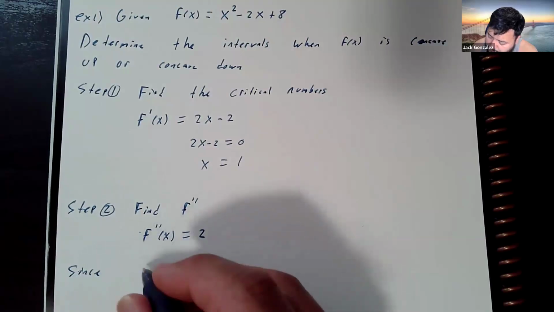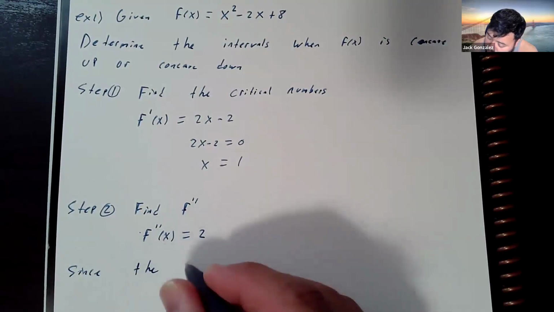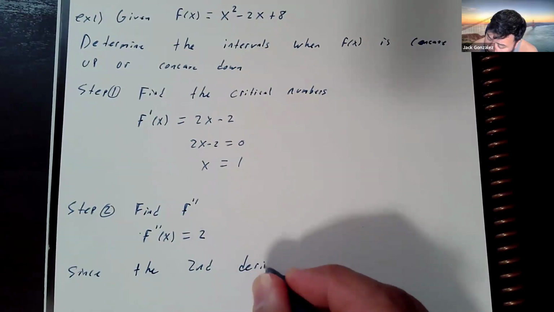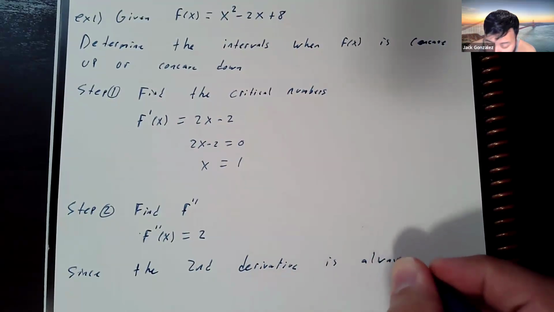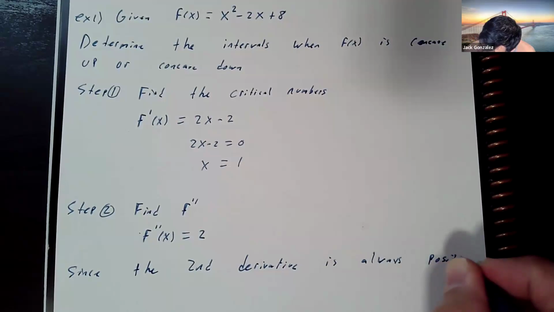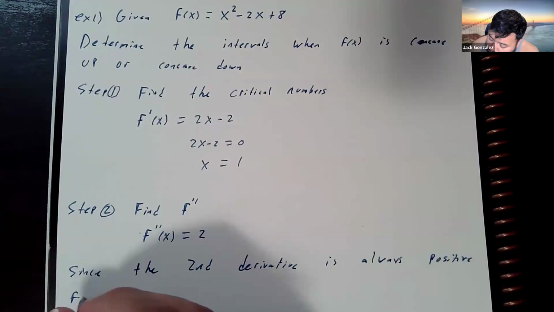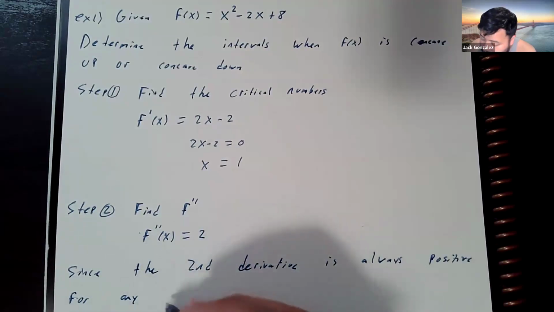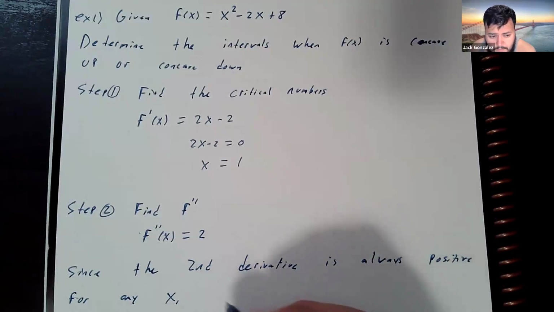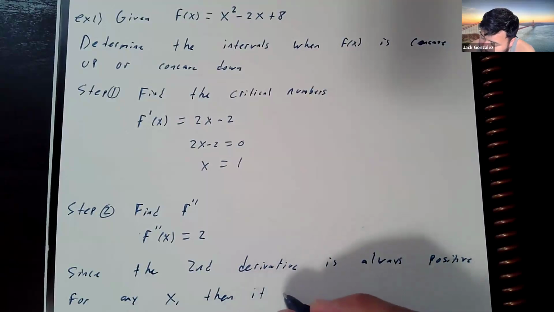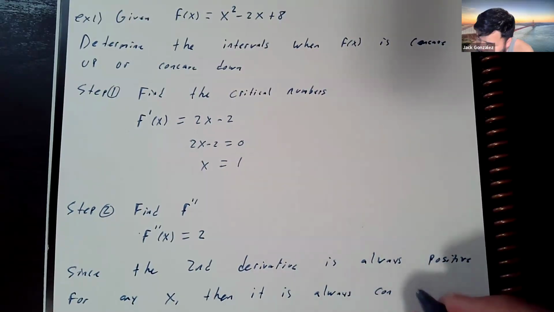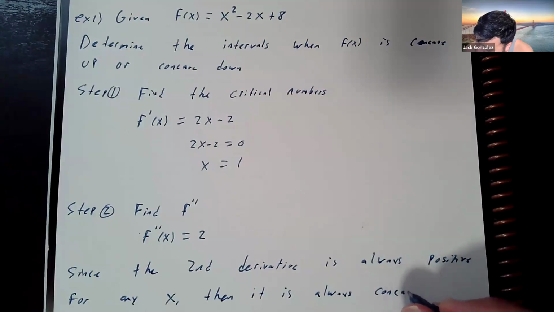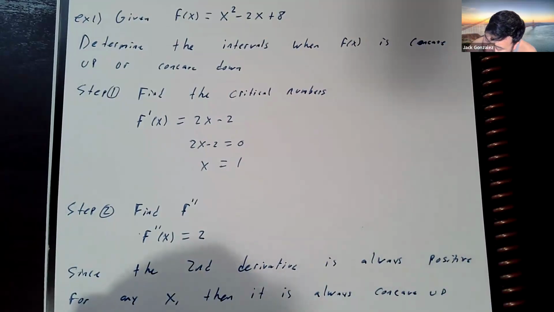Since the second derivative is always positive for any x, then it is always concave up for all x.